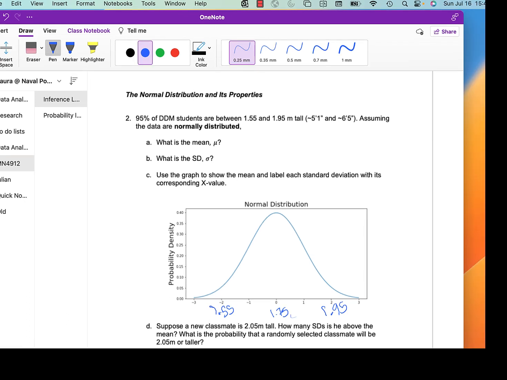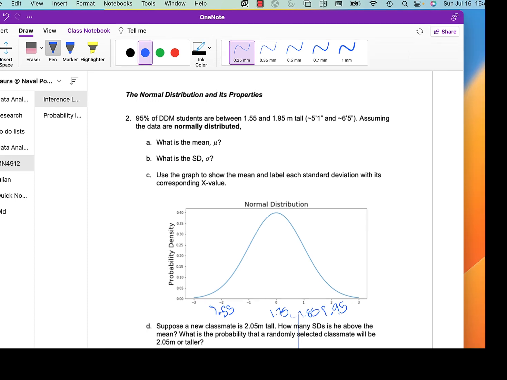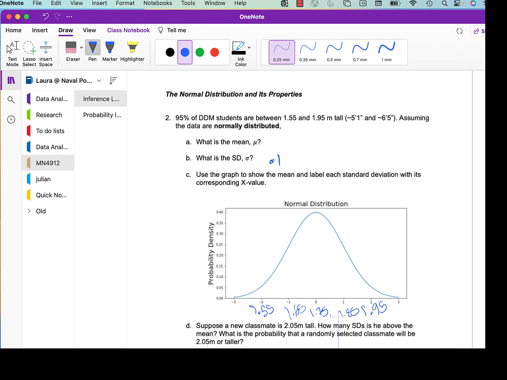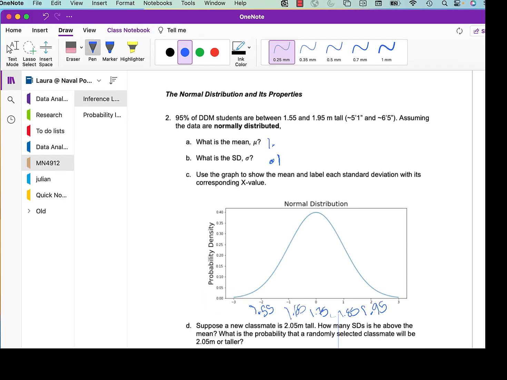That means that in between those two, right, is 1.85. And over here is 1.65, which means our standard deviation should be 0.1. We're adding 0.1 at a time. And the mean is 1.75.